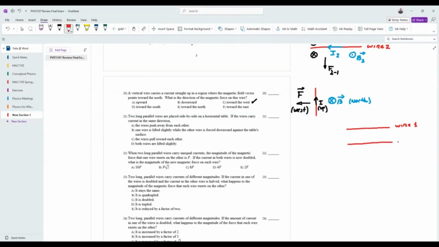So this is wire 1, this is wire 2. They are placed side by side on the horizontal table. If the wires carry current in the same direction, so this would be my current I1. And let's say that this one is going to be my current I sub 2.